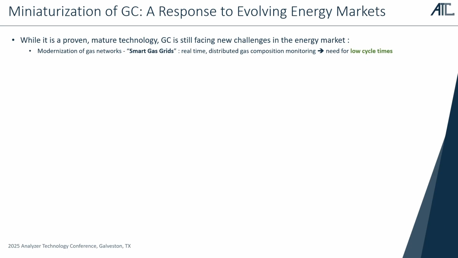In the past decade, we've seen a rise in decentralized energy systems, like biomethane units, electrolyzers, all of which require compact, fast, and reliable analyzers. In smart gas grids, you need almost real-time data in order to optimize gas transport, and you can imagine why low cycle times are necessary in those cases.